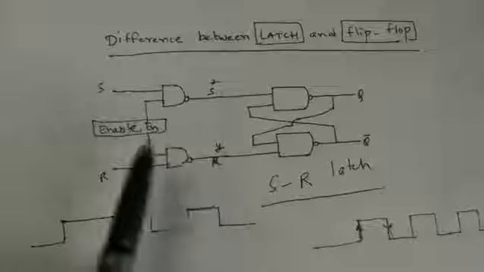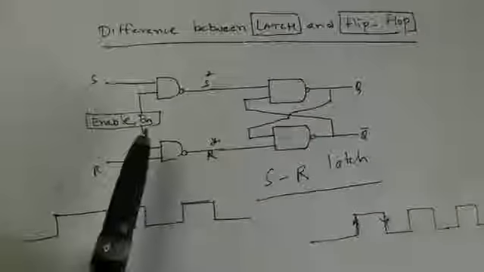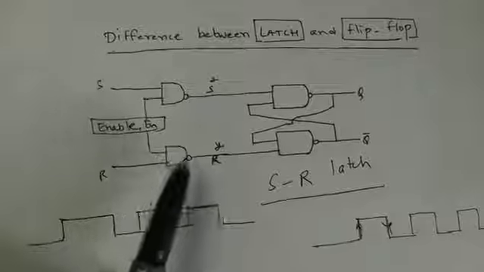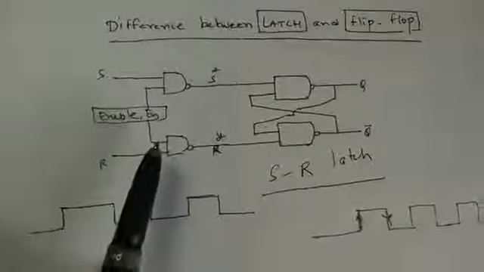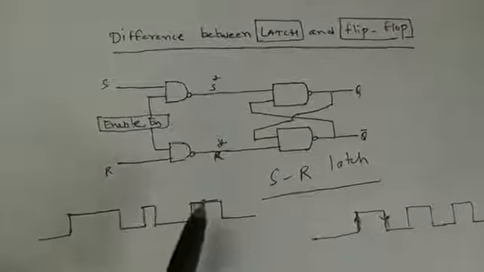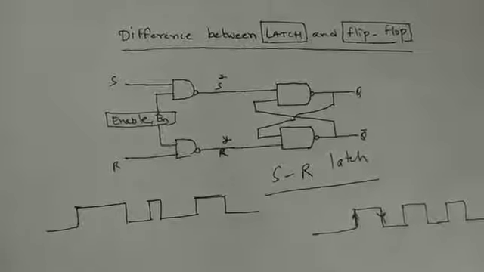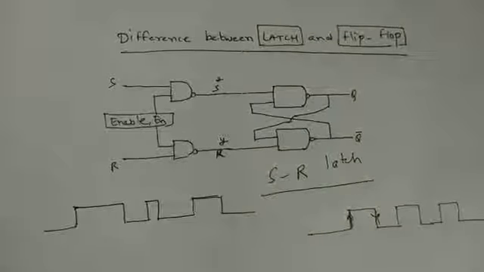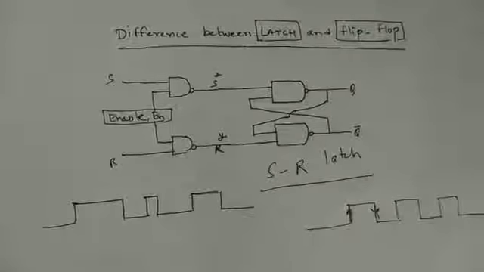When the clock is connected as an input to this circuit, the circuit behaves like a flip-flop, and when the enable input is connected and there is level triggering, the circuit behaves like a latch. So this way there is a slight difference between the way a latch and a flip-flop operate. Thank you.